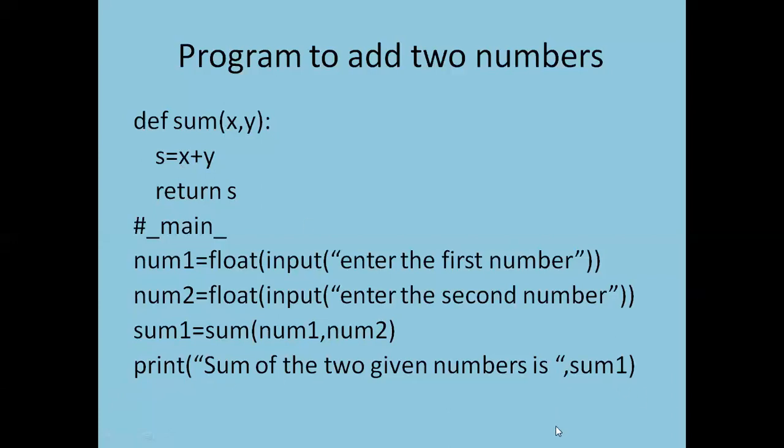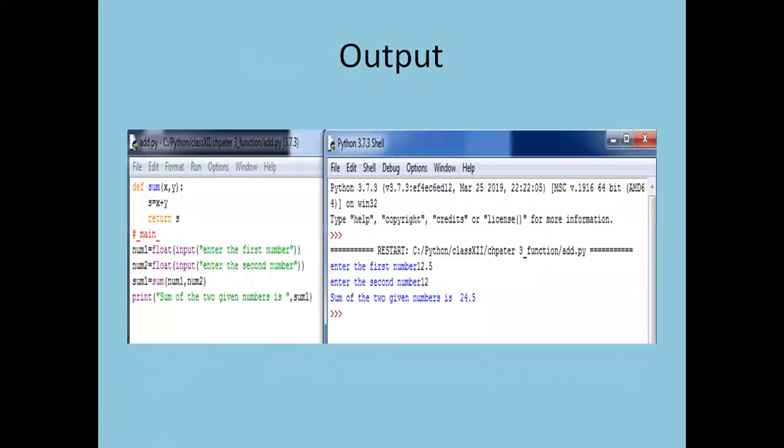So let's see how this will be done practically. I have tried it in my IDLE Python. This is the program that I've written. Suppose it is running properly without error, then you should see this message, because as I say, this is a function. It doesn't perform anything on its own. So first it will skip this and go to the main program. num1 will be printed out, whatever I've written here, enter the first number.